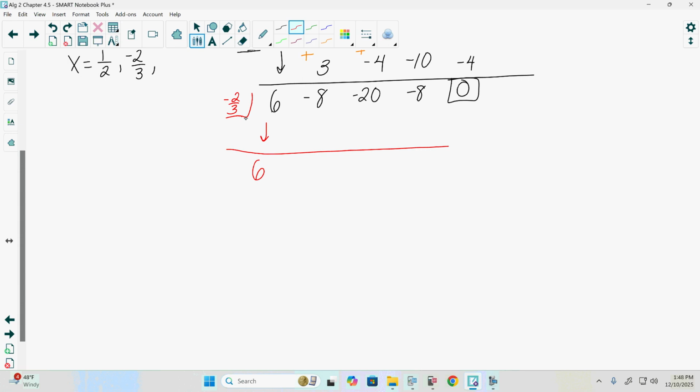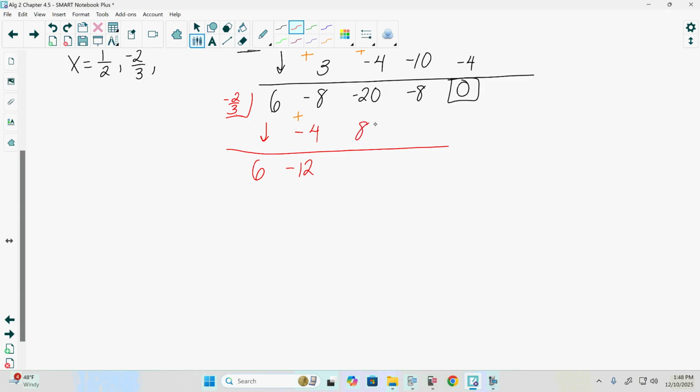Because negative 2/3 times 6 is going to give us negative 4. Then we're going to add these two together. Negative 8 plus negative 4 is negative 12. Negative 2/3 times negative 12, the negative and negative make a positive.